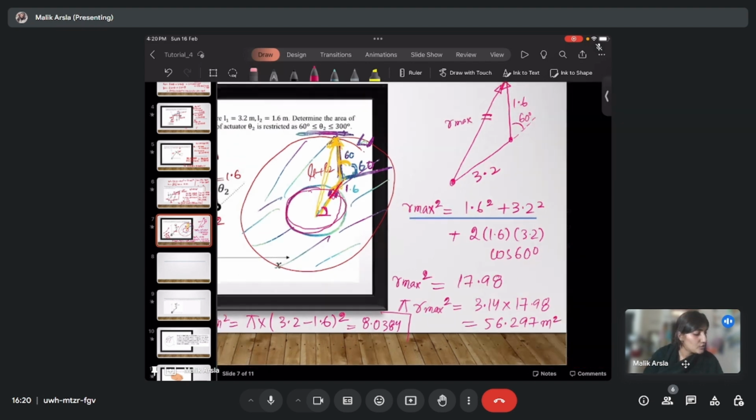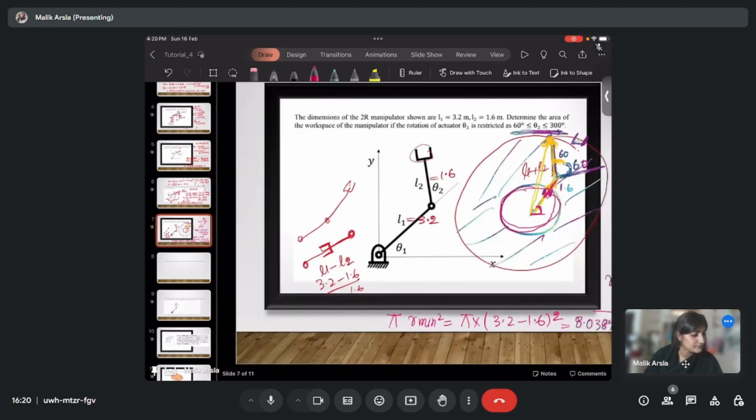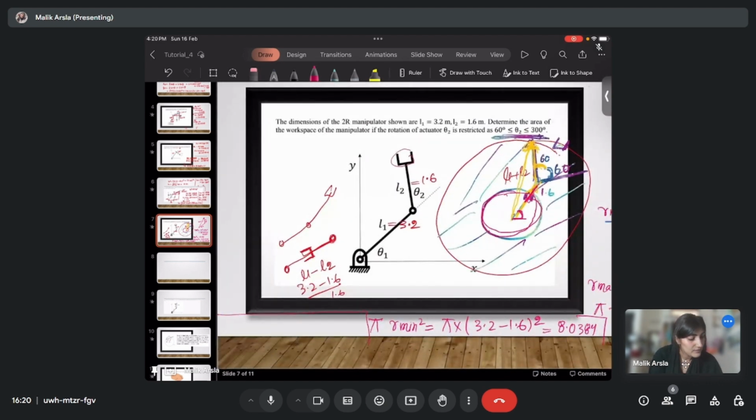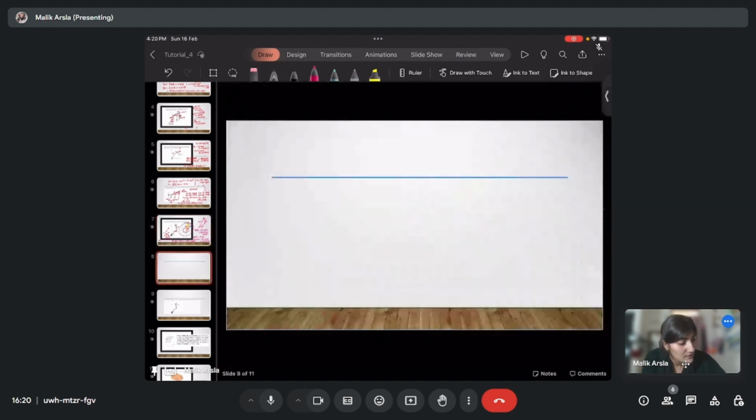Okay, let me write it here. So the workspace area will be the area calculated when the radius is r max minus the area calculated when the radius is r min.